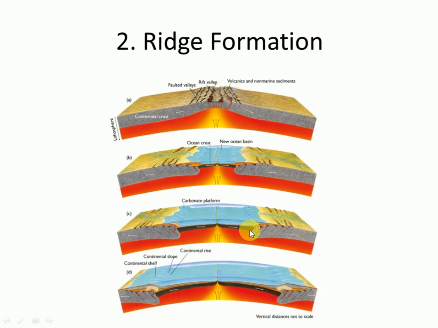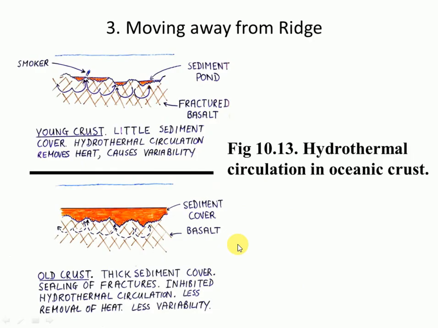Eventually you've got this large ocean between these two continents, and that's what we've got today between Africa and South America. It would have started off with the continents together. You can think of Gondwana being together here, the African plate being right next to South America, and then over time this oceanic crust opened up.